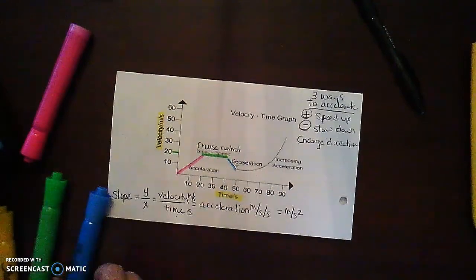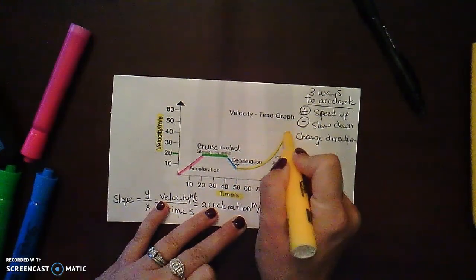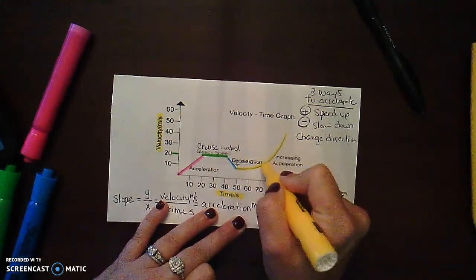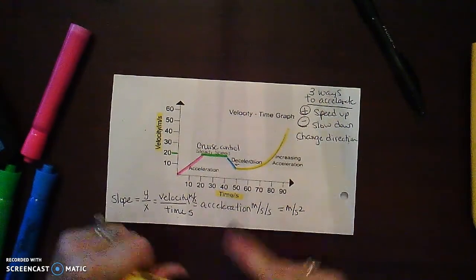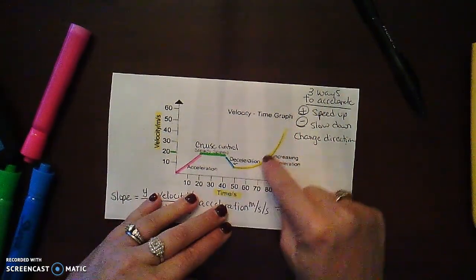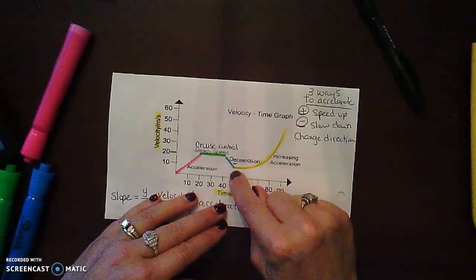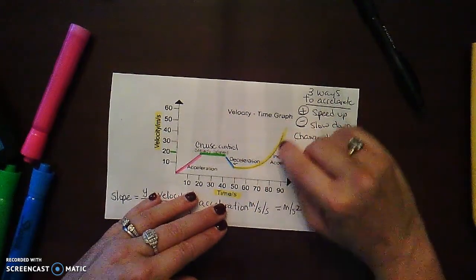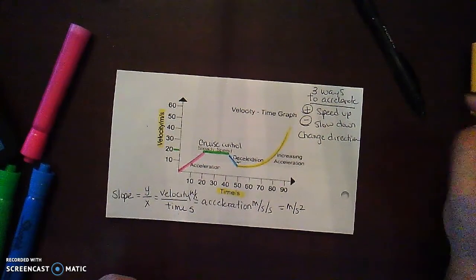And then here, in this last piece, they are accelerating, but not at a constant rate. Slowly accelerating, and then right here, man, they're really hitting the gas, they're flooring it. They're speeding up super fast. And that's why it's a curved line, because it's not a constant acceleration. Just a little bit of acceleration here, and then really speeding up there. And that's what gives it that curved line.